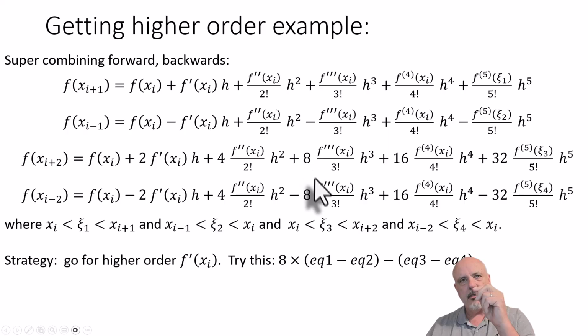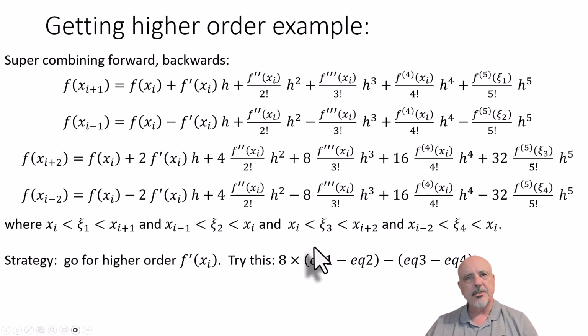Because it's going to be 8 minus a minus 8, so that's going to be 16. So up here I'm going to have this plus a negative, so that's going to be plus 2. Multiply that by 8, so that's going to be 16. And then I'm going to subtract off 16 because those get doubled up.